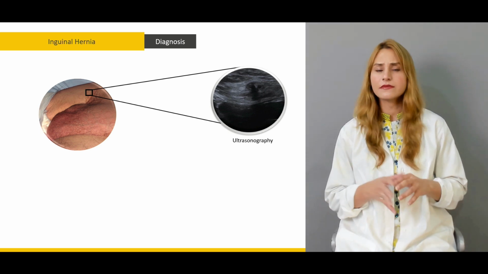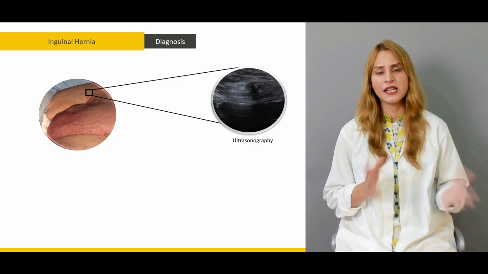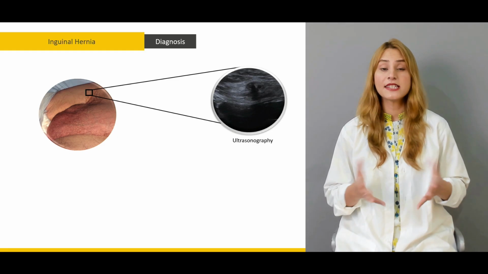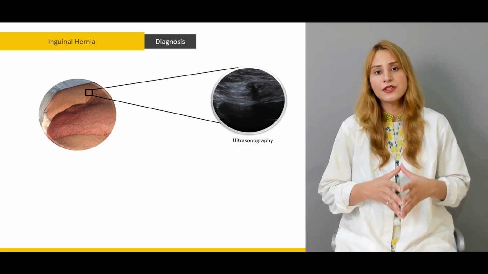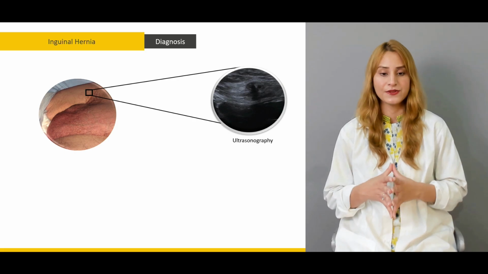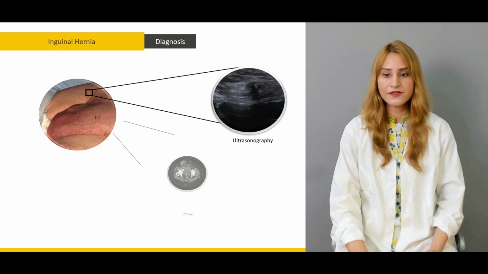But most of the time, the diagnosis is based on the history and the clinical examination. Sometimes you need to go for some investigations when your findings are not very conclusive. You go for ultrasonography.